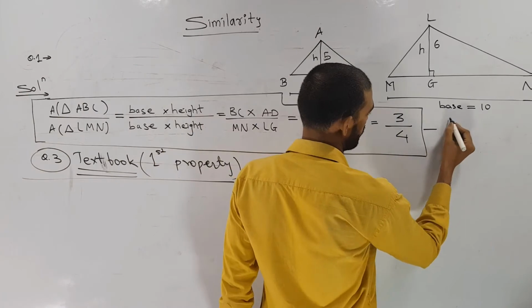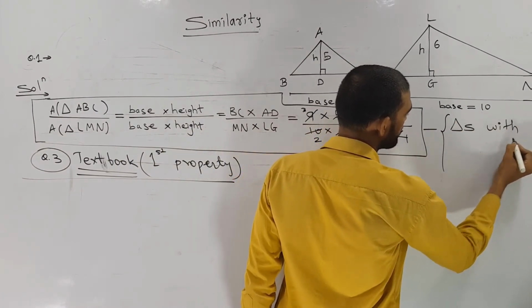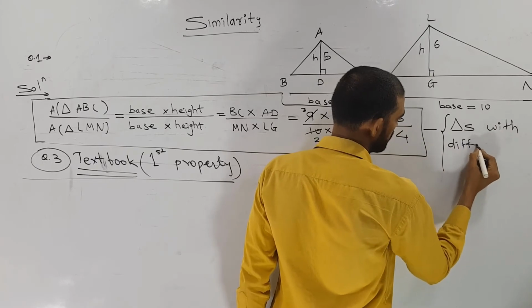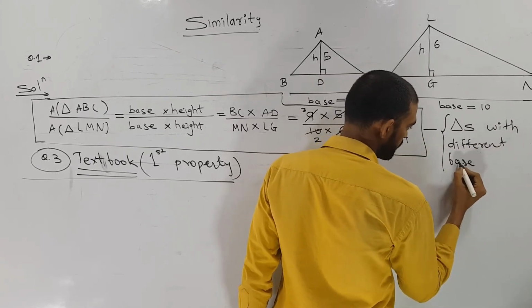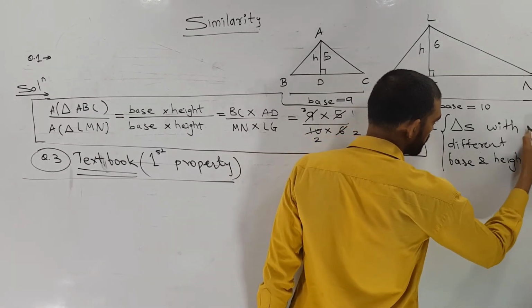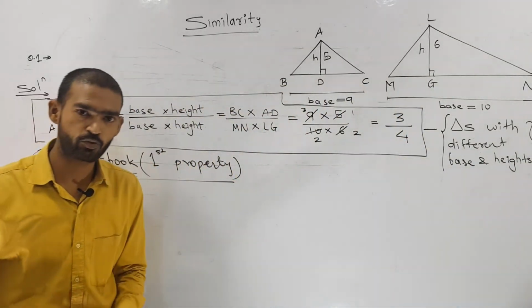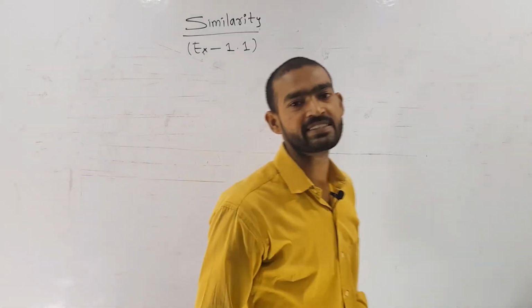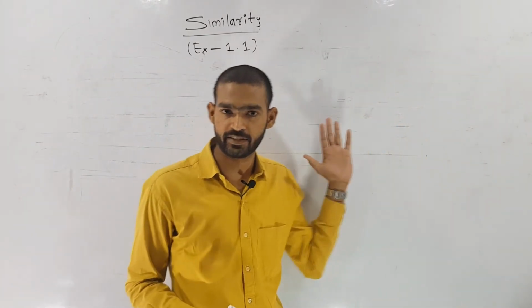The same formula: triangles with different base and heights. This is your first property. Clear, students?